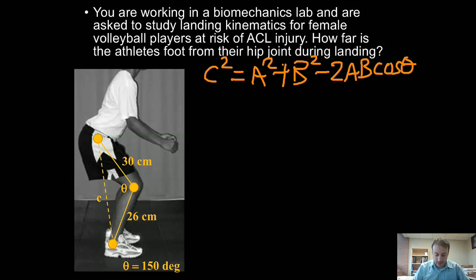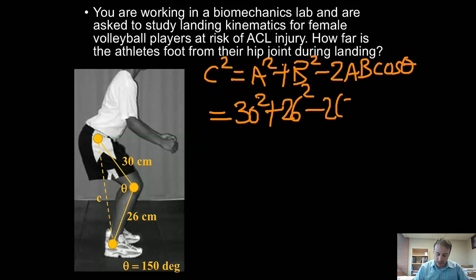Or in this case, this will be equal to 30 squared plus 26 squared minus 2 times 30 times 26 times the cosine of 150 degrees, which we can calculate to radians.